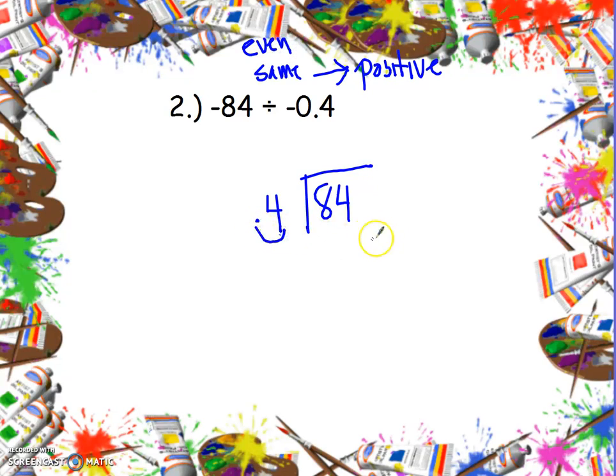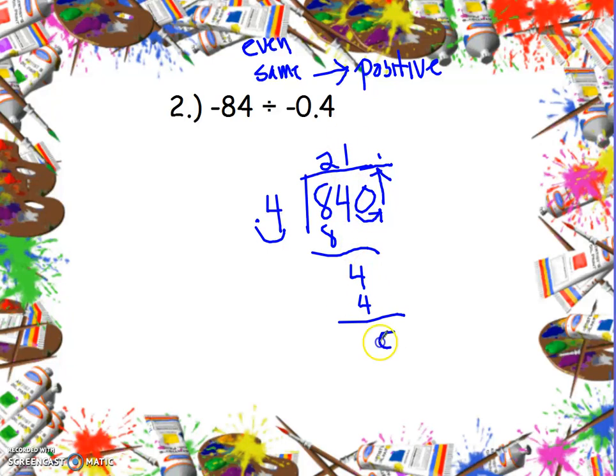We're going to hop the divisor over once, so we're going to hop the dividend over once. So we're going to have 840 divided by 4. 4 can go into 8 2 times. 4 can go into 4 once. And 4 can't go into 0. So we have positive 210.